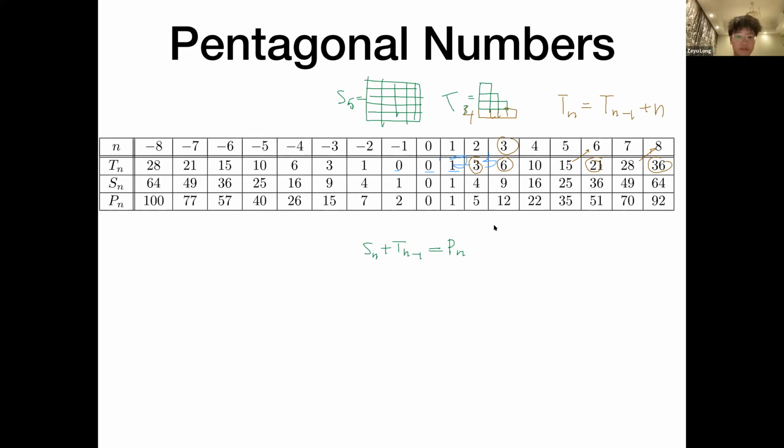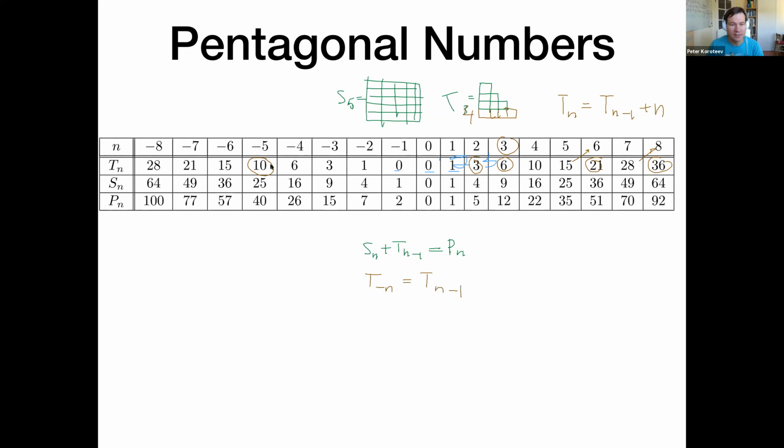And we have T negative n equals Tn minus 1. T negative n. Say 10, what is it equal to? So 10 is T negative 5. And T negative n equals Tn minus 1, right?